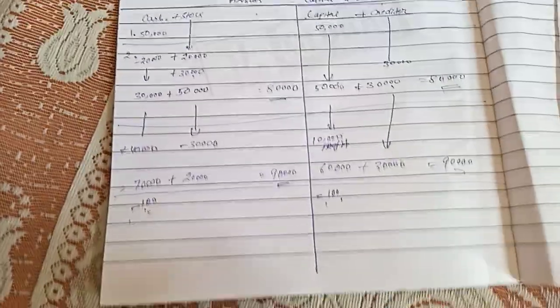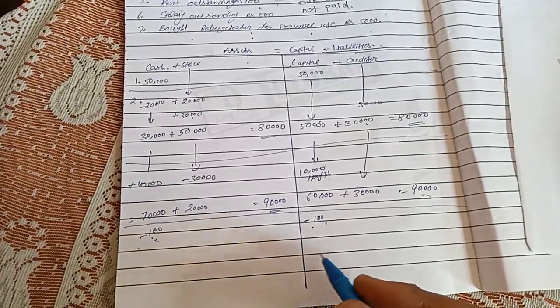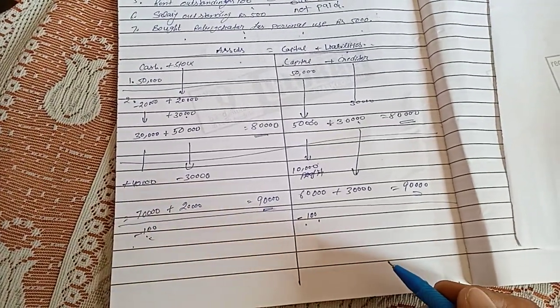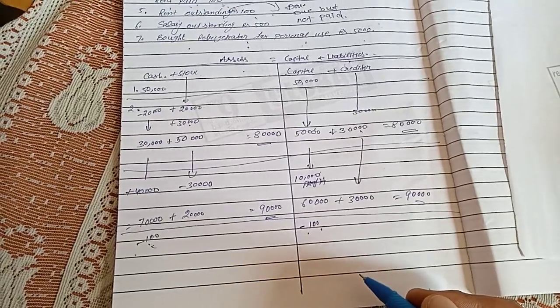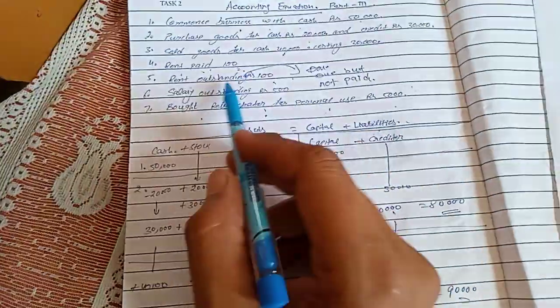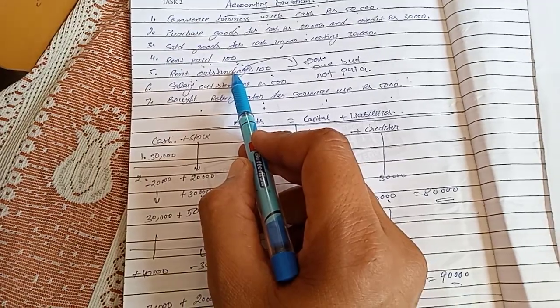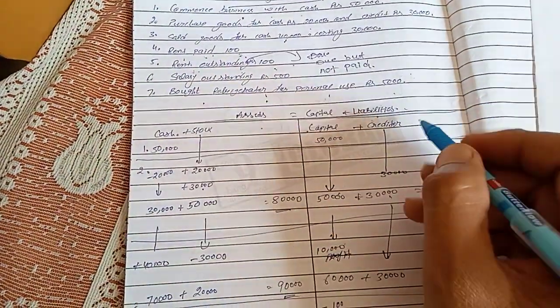If this is due but not paid, it means we have to make the payment in future, it becomes my liability. So in this case rent outstanding is my liability.